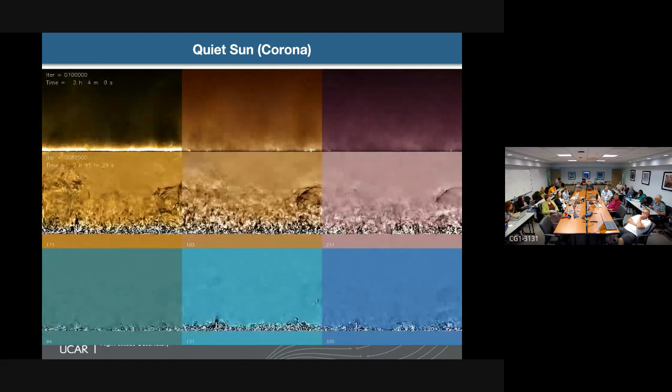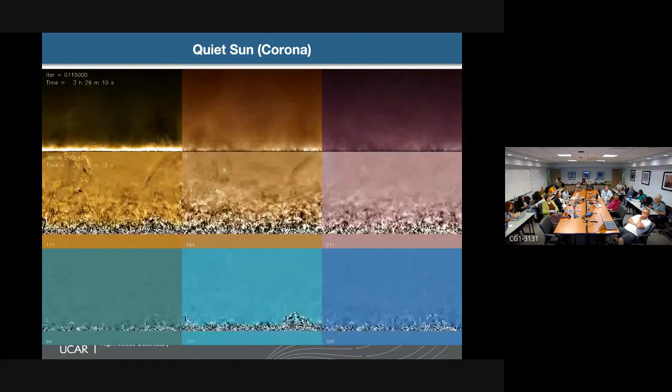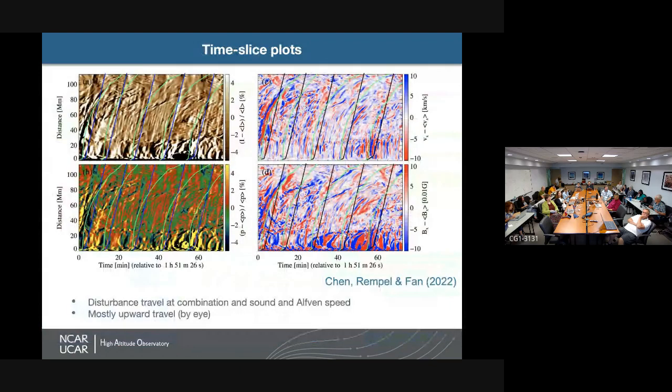And Feng Chen, who did these simulations a while ago when he was a postdoc here at HAO, also looked at some time slice plots and how these disturbances travel with height. The blue lines here correspond to the sound travel time, and the green curved ones to Alfvén wave timing.